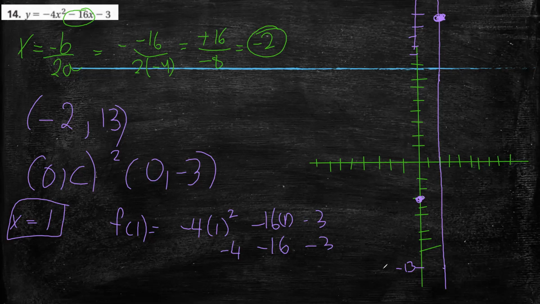Let's say that the point is at 1, negative 23. It's here. Maybe I think there's something wrong. Negative 4 times 1, minus 16, it's negative 20. Negative 23. It is here.